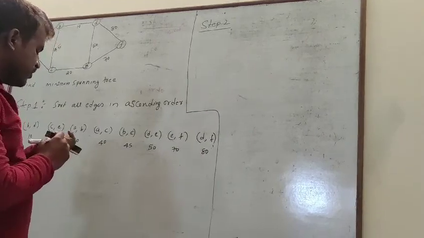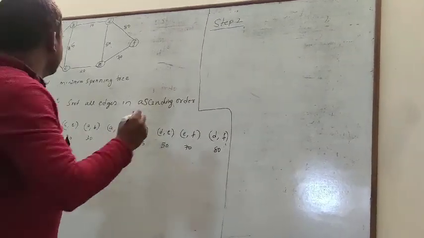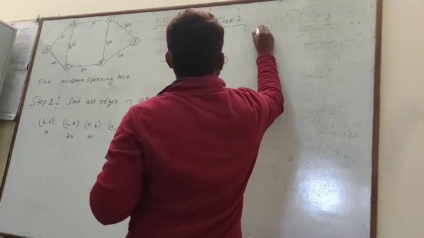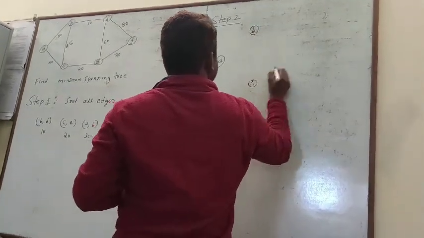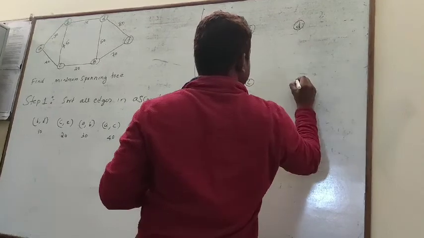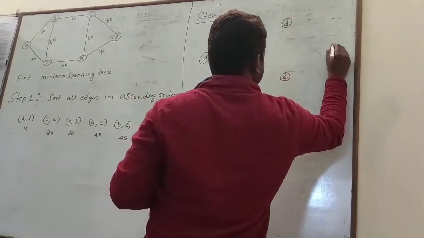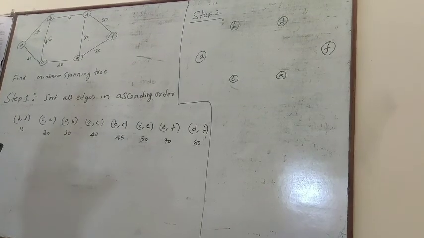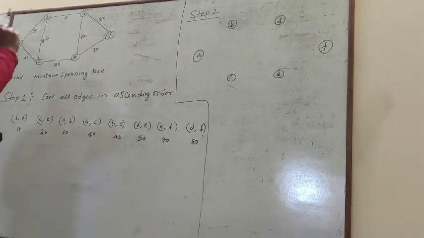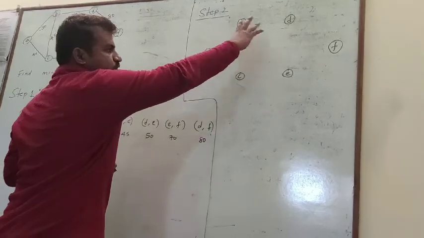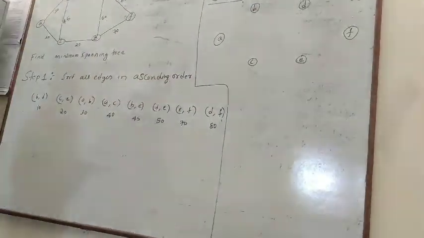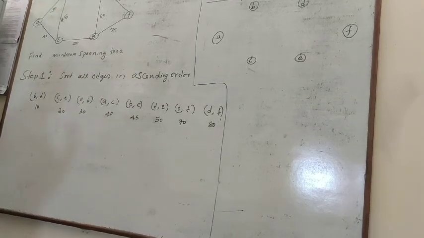First, before picking edges, you have to write down all the nodes A, B, C, D, E, F, like this. Only nodes, no edges. Don't connect any edges. Just write only nodes.